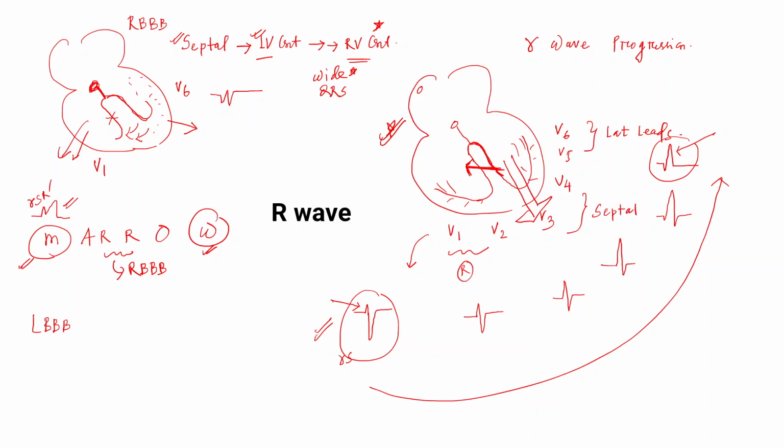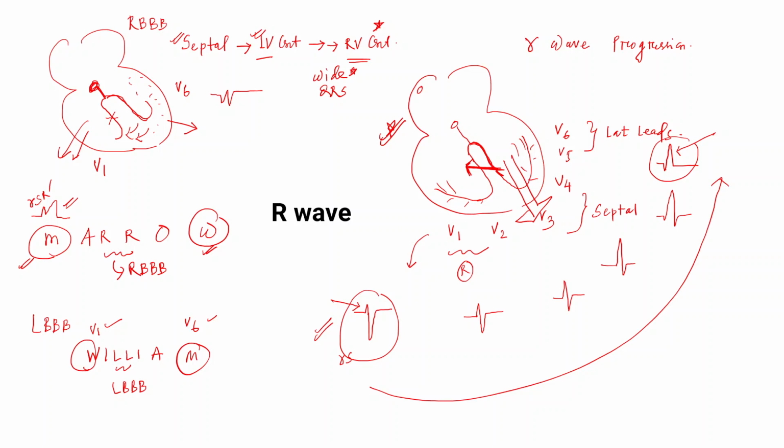As of now, remember that the exact opposite will happen in left bundle branch block, that is a W pattern in V1 and an M pattern in V6. So the mnemonic is WiLLiaM. That means in case of LBBB, a W pattern will happen in V1 and an M pattern in V6.